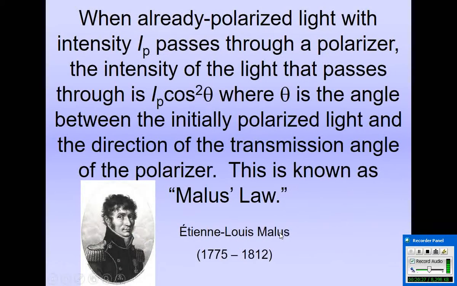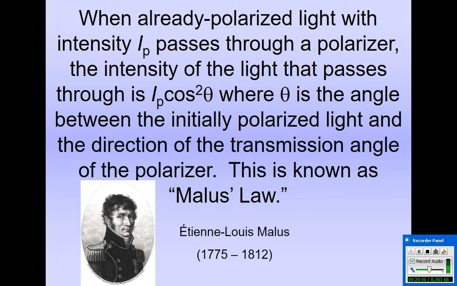This observation of the light entering a polarizer and coming out with a different direction of polarization is known as Malus's law. In particular, let's say we have unpolarized light pass through a polarizer. It is now polarized.